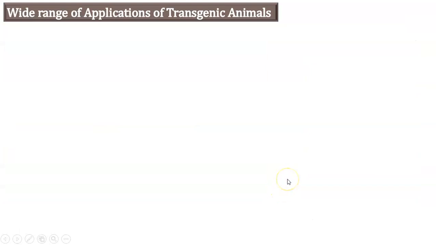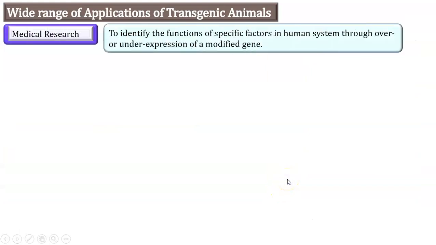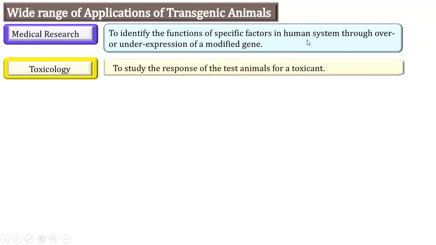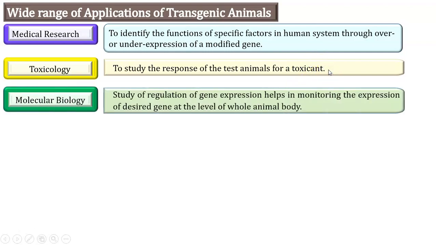The wide range of application of transgenic animal, if we consider, then they are used in medical research to identify the function of specific gene in human system. Toxicology, to study the response of test animals for various poisonous materials.